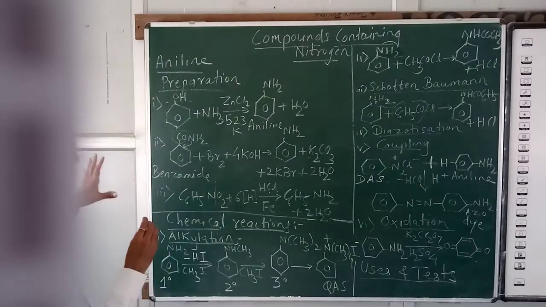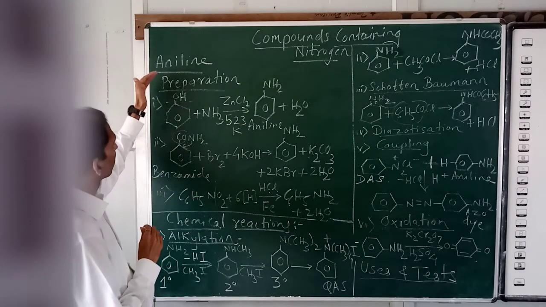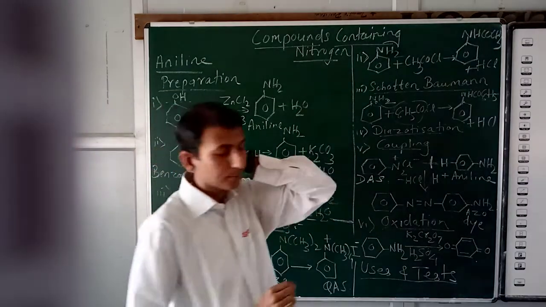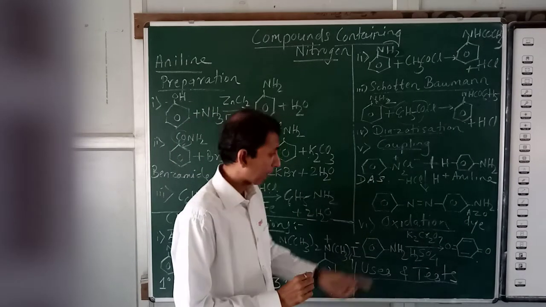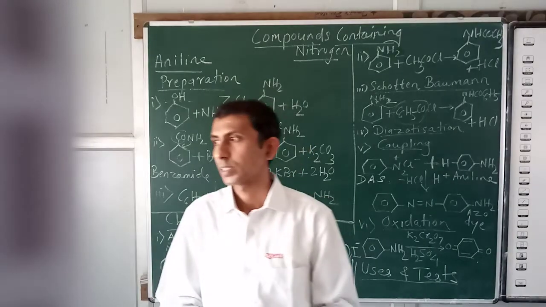Okay, so these were the methods of preparation. Starting with the methods of preparation, we have also covered the chemical reactions for aniline. Usage you can study from the textbook, and of course chemical test you have to study.